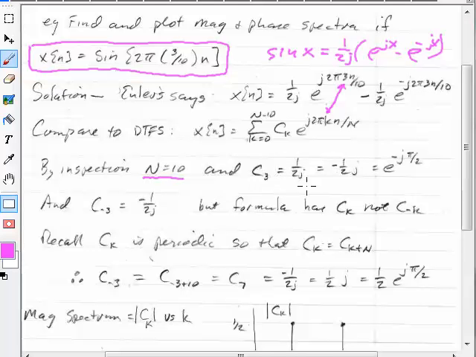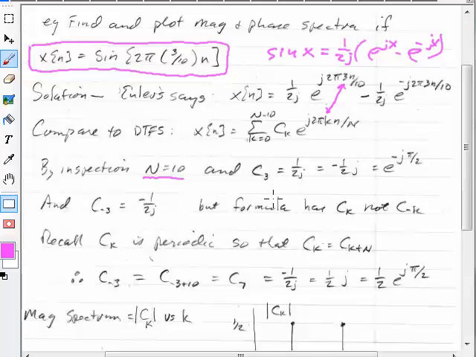So c3 is just a constant multiplier, which is 1 over 2j, and if you take the j upstairs, you get a minus j on the numerator over 2, and we can write that as e to the minus j pi over 2. That's sometimes very nice to do. The c minus 3, that's this coefficient, is minus 1 over 2j.